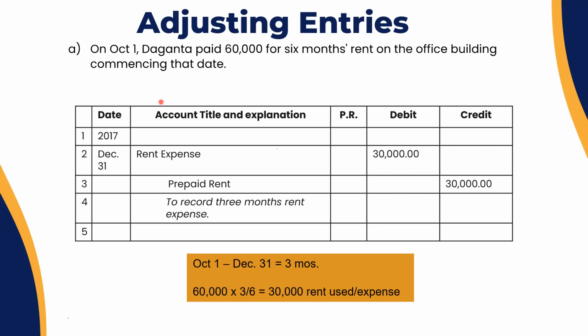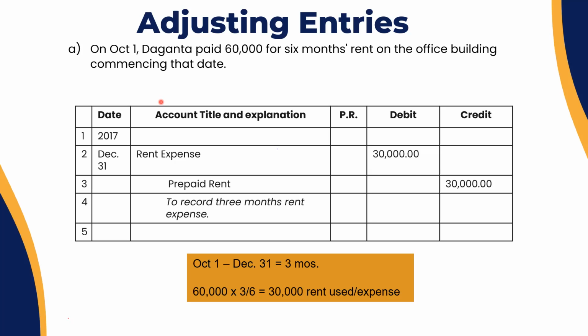So ibig sabihin, we have to adjust. Kasi yung 60,000 na for 6 months, 3 months doon, nagamit mo na. Gamit mo na, okay? The expense has already been incurred. Okay? Na-incur mo na yung expenses. So yung 60,000 na nasa libro mo, it should be adjusted, okay, to its correct amount as of December 31.